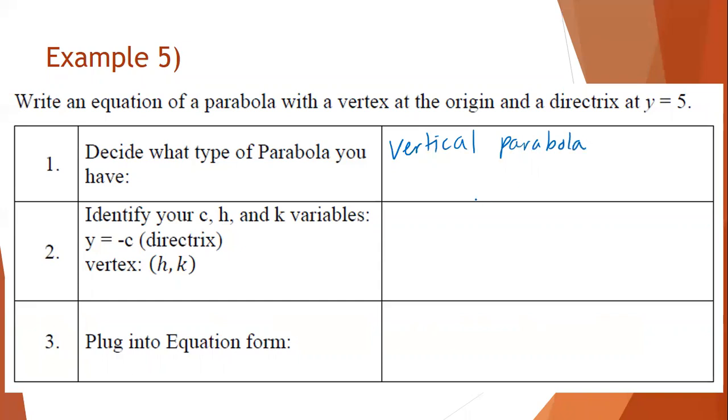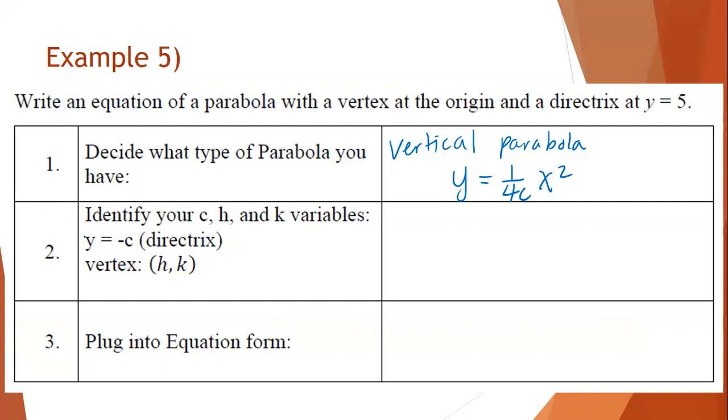And the equation of our vertical parabola is y equals 1 over 4c x squared. Based on what we have going here, we need to identify what our c, h, and k are.